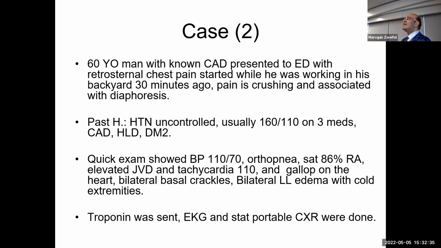Tell me, number 1, shock, right? Why do you think he's in shock? This is based mainly on the PE. Everybody's familiar with what's massive PE. Massive PE is saddle embolus, correct? No, it's not correct. So saddle embolus does not mean massive PE.